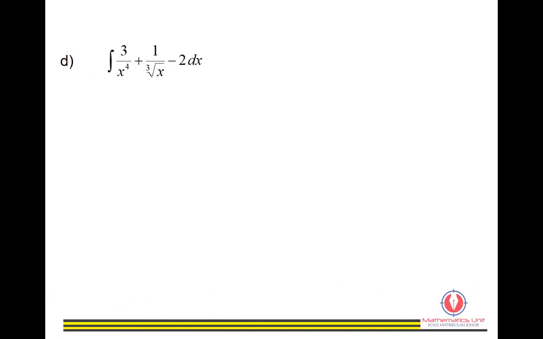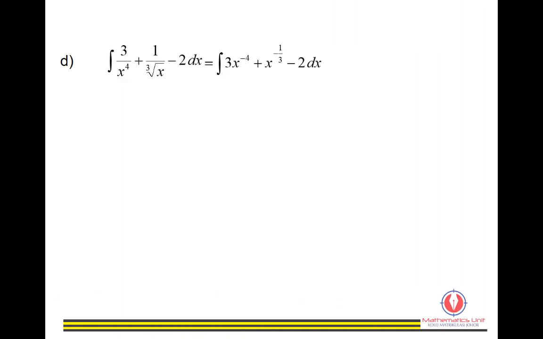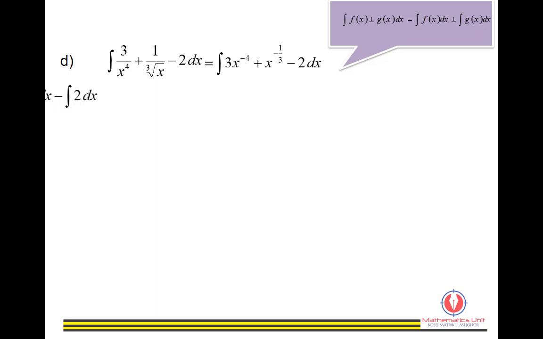Last one, the integral of 3 over x to the power of 4 plus 1 over cube root of x minus 2 dx. First step, we simplify the function. And then, using the rule of summation and subtraction of integrals, we can integrate the three terms separately.